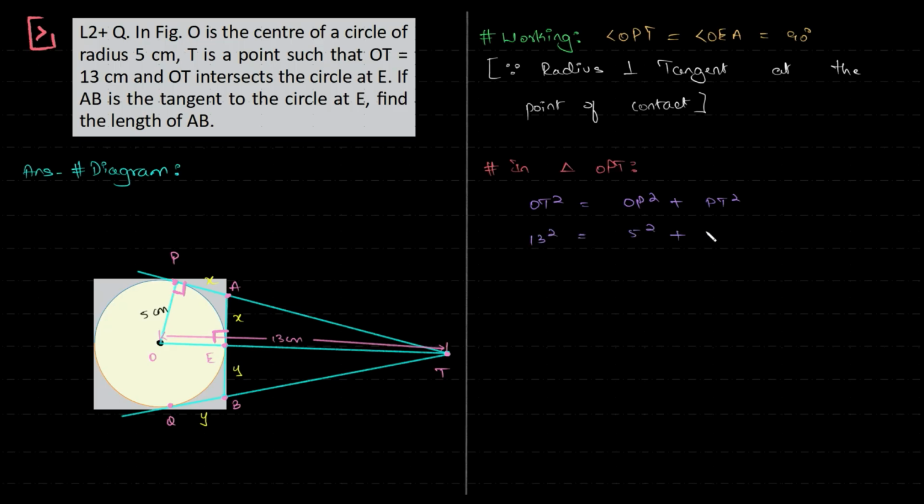The reason being Pythagorean theorem. So we have PT square is equal to 169 minus 25, and we have PT is equal to square root of 144, which is 12 centimeter. Okay, so this we can add to the diagram.